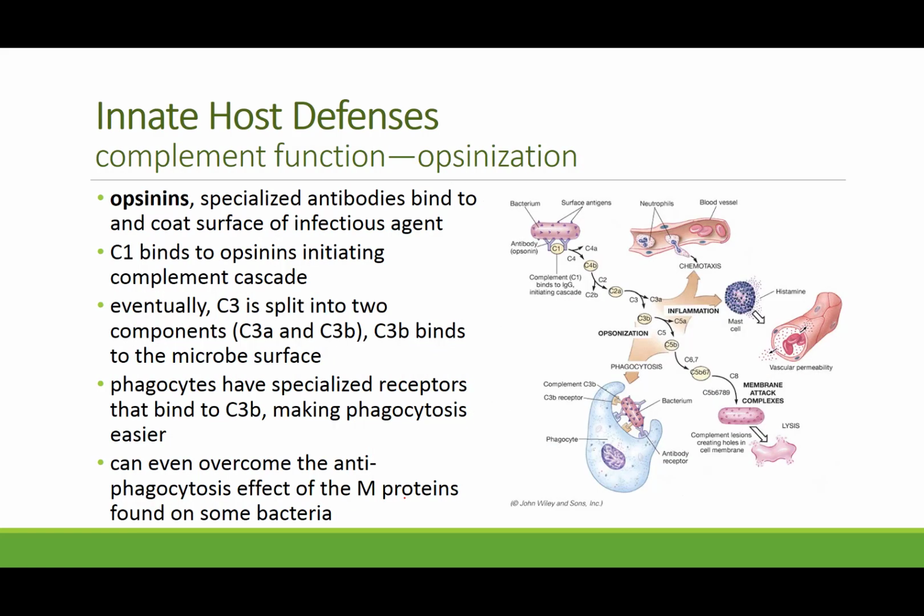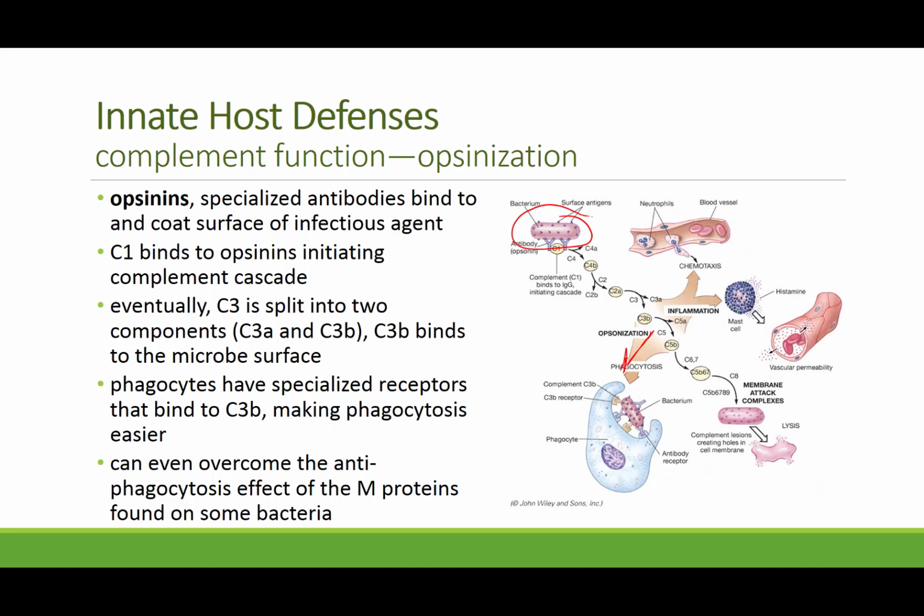We'll start with opsonization. So opsonins are specialized antibodies that will bind to and then coat the surface of an infectious agent. So here we've got an infectious agent, and when these opsonin antibodies coat it, then C1 will bind to C4, to C2, to C3, and then to C5, and opsonization will occur.